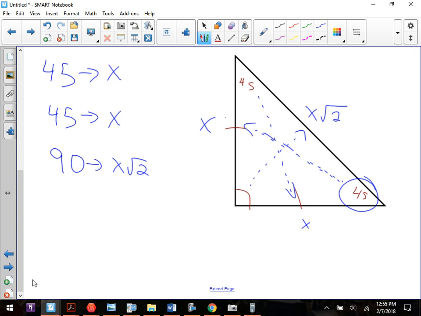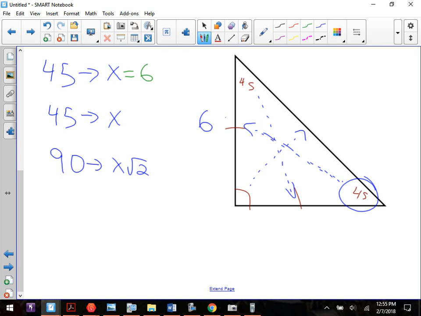1, 1, root 2, x, x, x root 2, things like that. Okay? For example, if I go back to the idea where across from a 45 was something of 6, using my algebra jig, that means that across from this 45-degree angle is equal to 6.